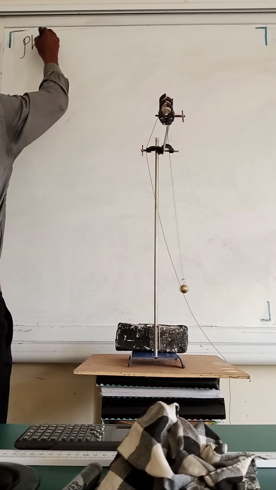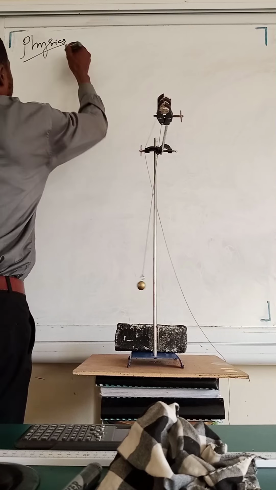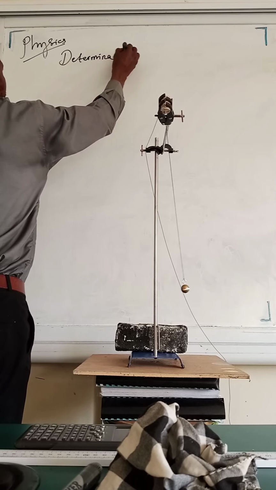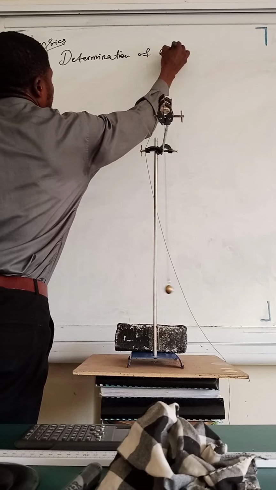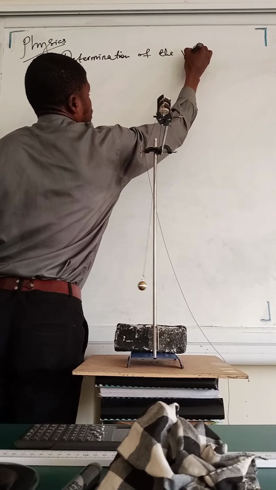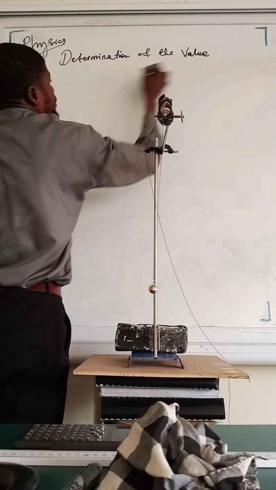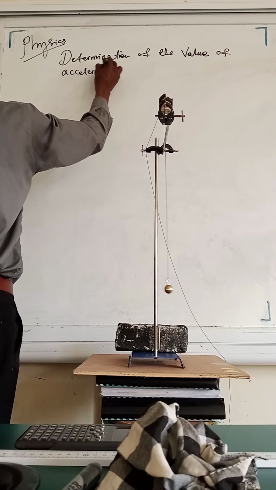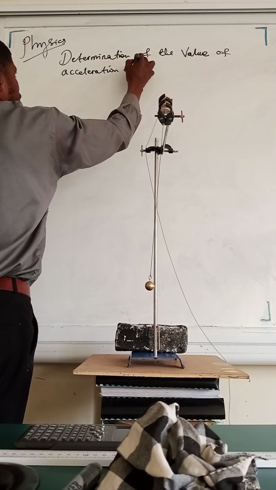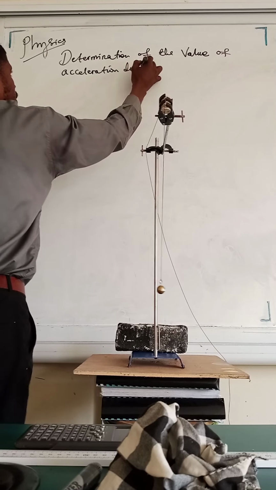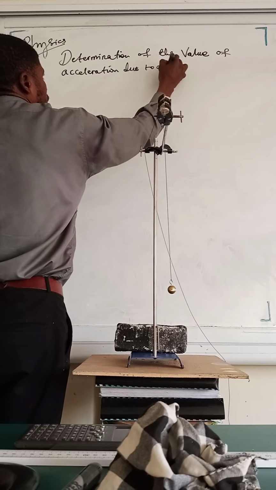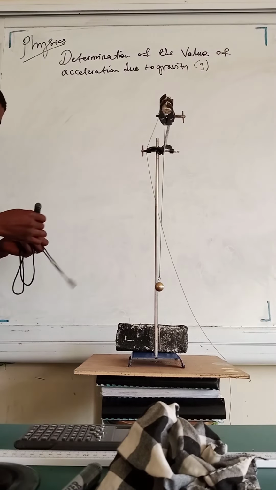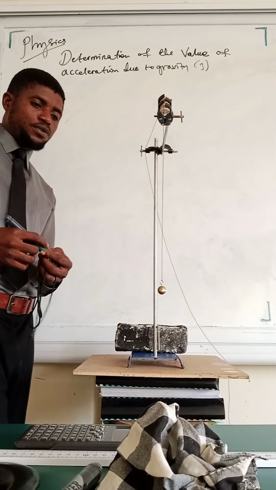So, this is the determination of the value of acceleration due to gravity, small g, also known as the acceleration of free fall.